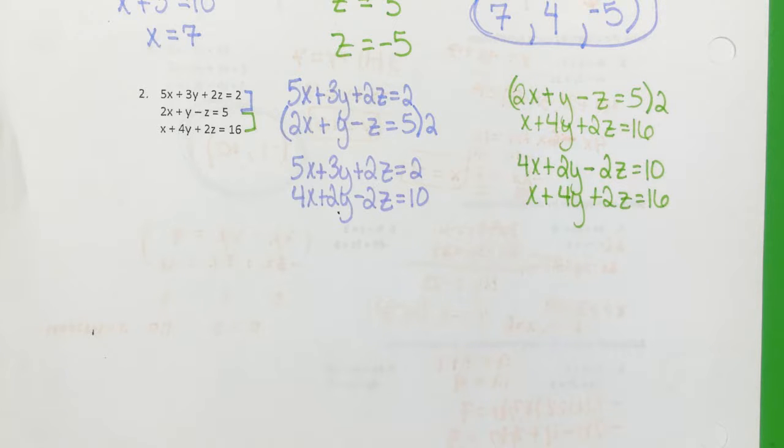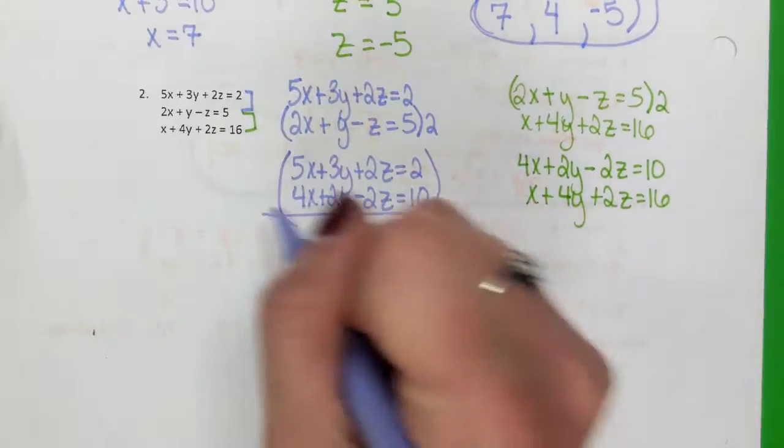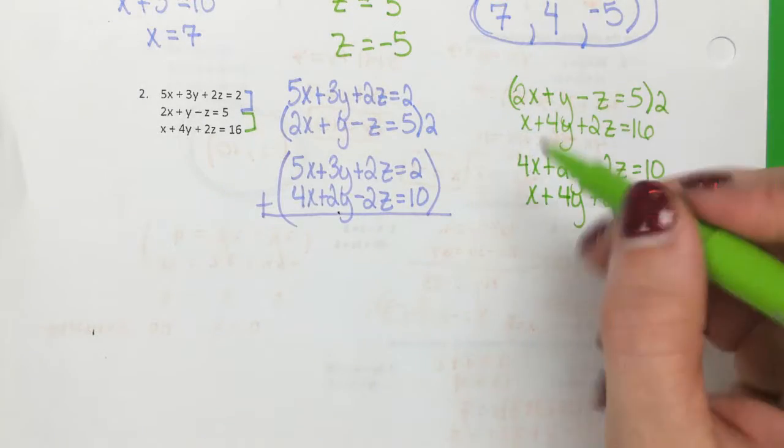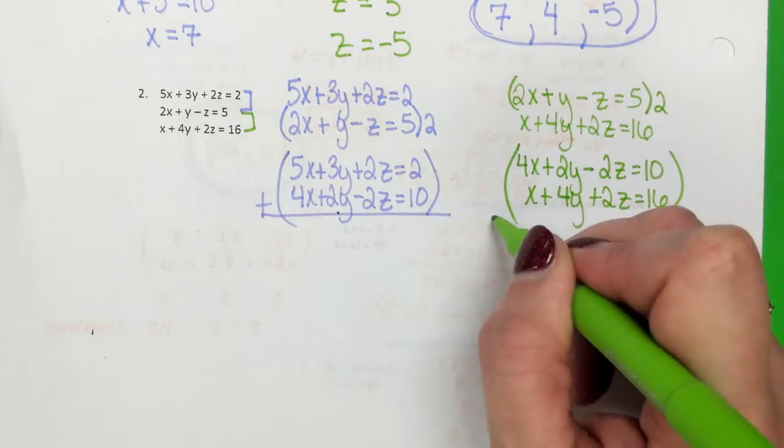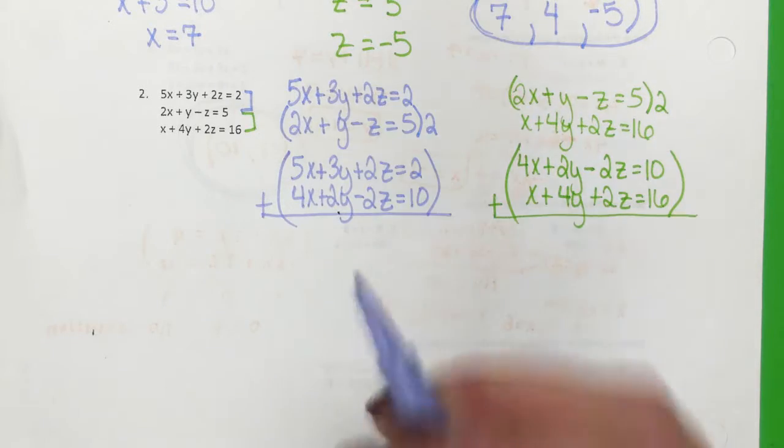Look up here when you get finished and make sure you get the same thing I did. Okay? Alright, how do we get rid of the z's on the first one? You add. And how do you get rid of them on the second one? You add, right? Okay, so let's do that and see what we get.